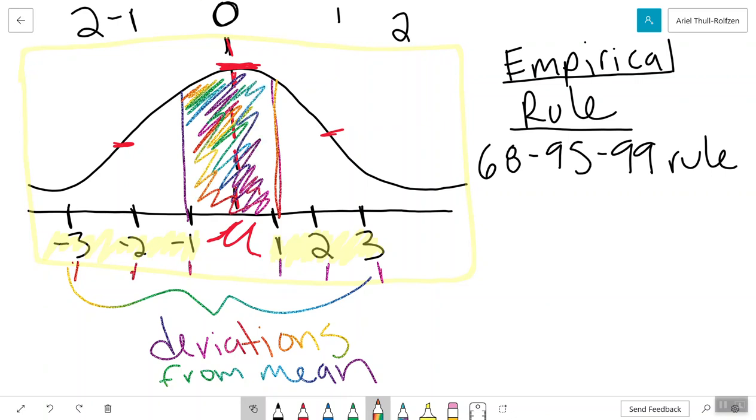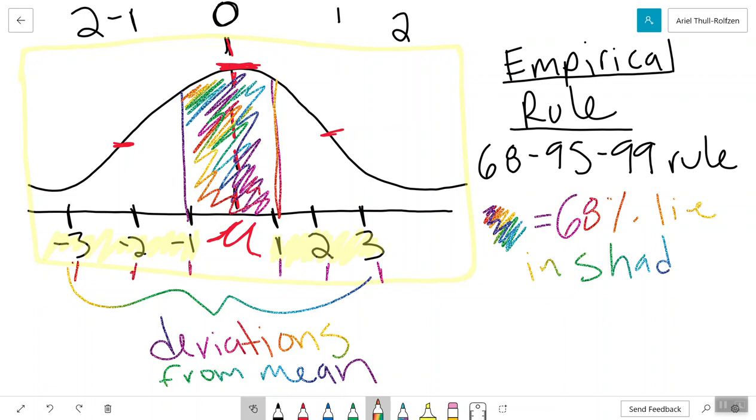Now the empirical rule says that if I am encompassing an area from -1 to 1 deviations away from my mean, and we're going to color code this, then I can assume that 68% of my data lies in the shaded area. I'm going to give you a second to write that down.